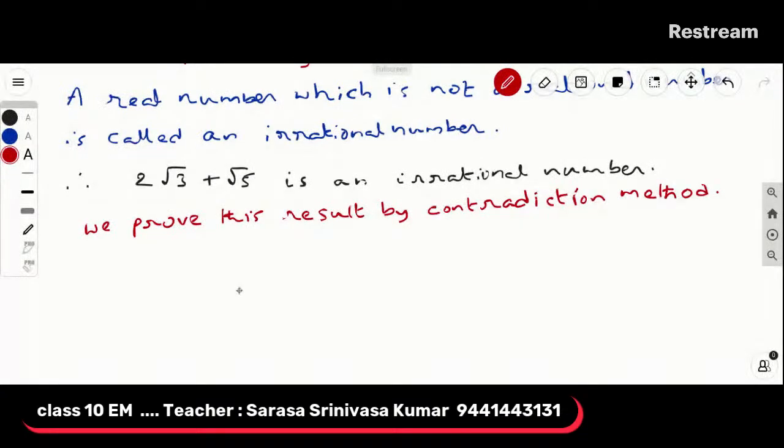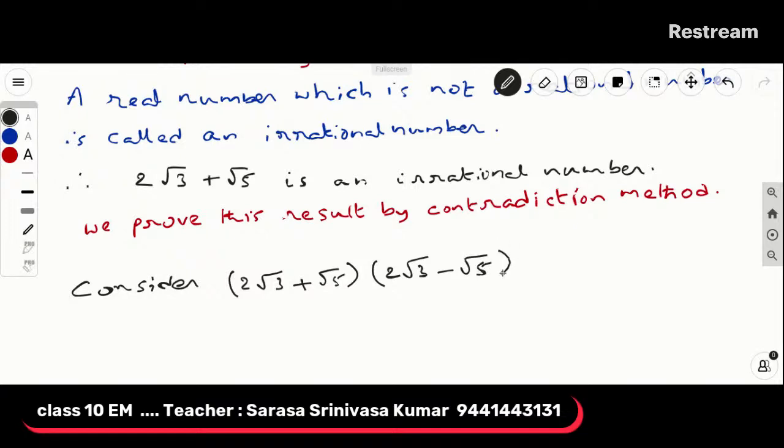Now, in the given problem, they have asked whether, now consider 2 square root of 3 plus square root of 5 multiplied by 2 square root of 3 minus square root of 5.